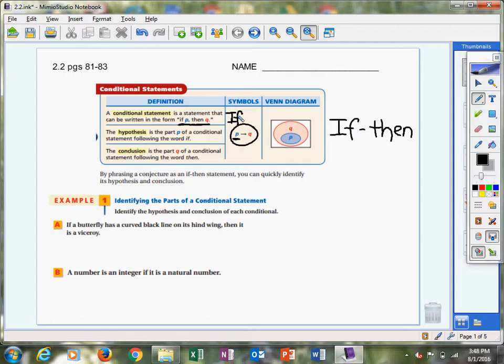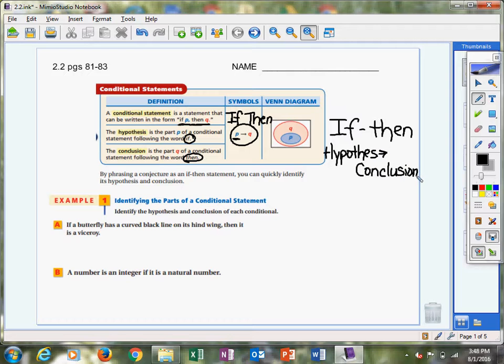Your conclusion is the part Q, and that's the part that comes after the word then. So the hypothesis follows if, the conclusion follows then. So I'm going to take some notes here. Hypothesis and then conclusion.